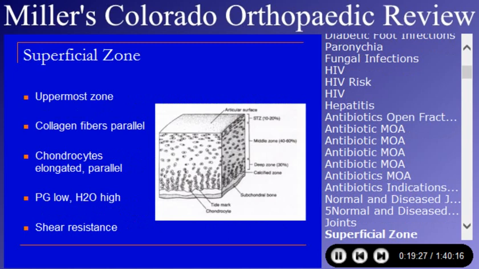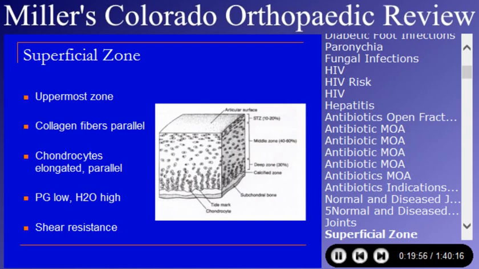The very uppermost layer has cartilage fibers oriented parallel to the surface of the joint. The chondrocytes are elongated and parallel to each other. There is relatively little proteoglycan and relatively a lot of water in that layer, and its primary function, as you would expect, is shear resistance.